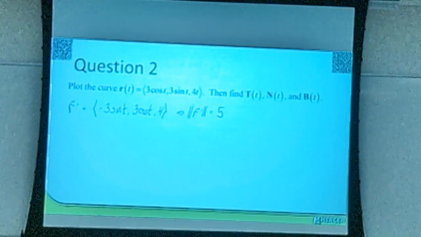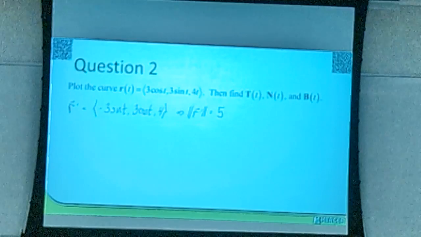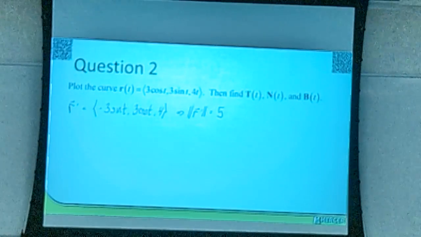Wait, how? You take out the constant, and then the sine squared t and cosine squared t is the identity that equals 1.